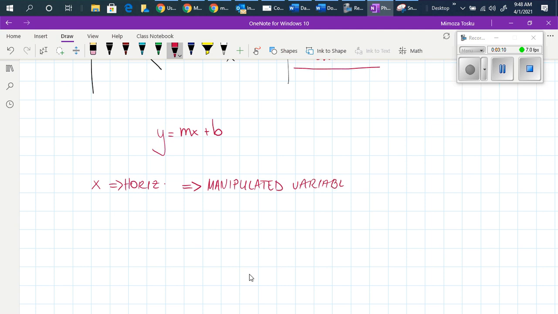How do we find which one is the manipulated variable in an experiment that we are doing, or an experiment that we read that someone else did? The way that we find a manipulated variable is by asking the question, what are you changing in the experiment?